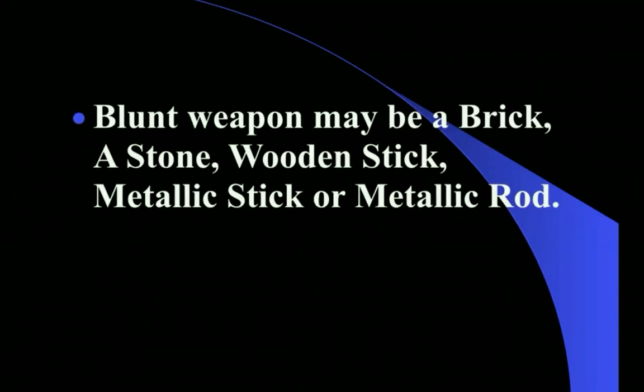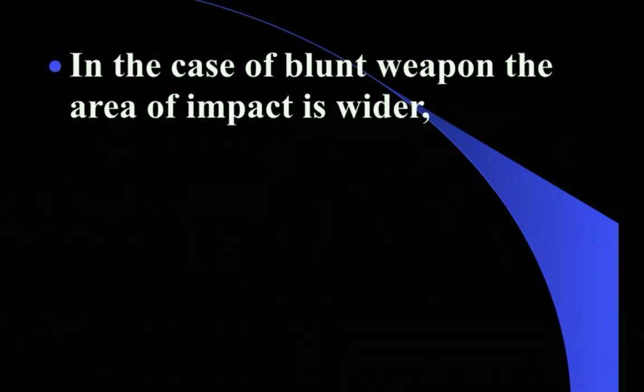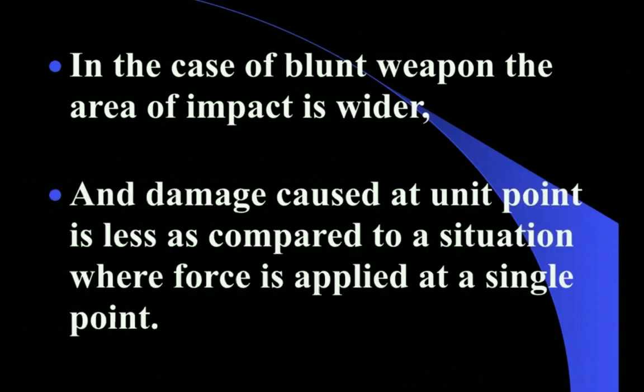Now, how is a weapon blunt? The blunt weapon may be a brick, a stone, a wooden stick, a metallic stick, or a metallic rod. In the case of a blunt weapon, the area of impact is wider, and the damage caused per unit point of contact is less as compared to a situation where the force is applied at a single point.